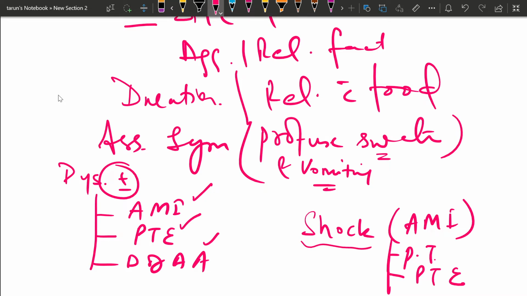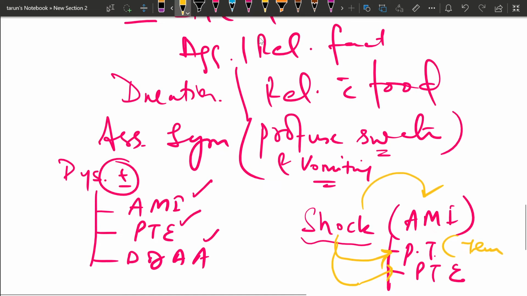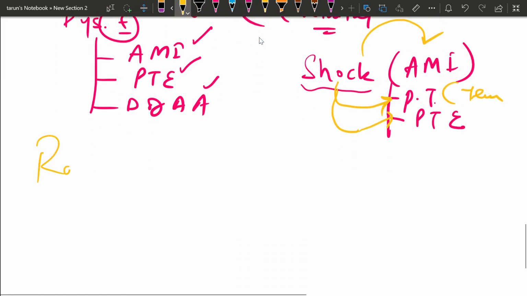So if a patient having chest pain is in shock, you should think of acute myocardial infarction, pulmonary thromboembolism, and tension pneumothorax. These can cause your chest pain with shock.